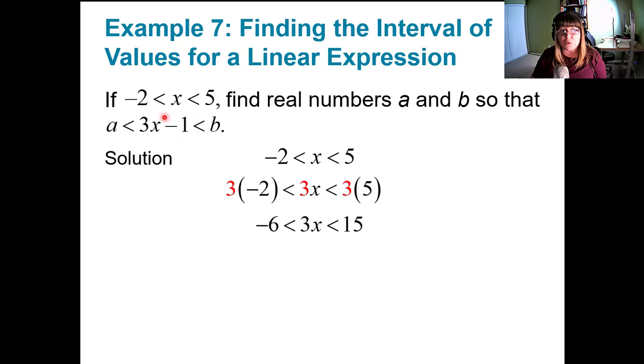I just have to subtract 1 in the middle, and if I subtract 1 in the middle, I have to also subtract 1 from the left and the right. So I get negative 7 is less than 3x minus 1 is less than 14. Since this is the situation I wanted to end up in, I know a is negative 7 and b is 14.